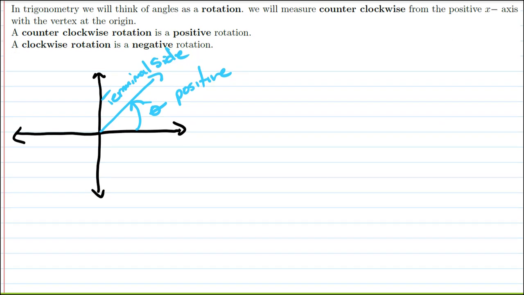Similarly, if we had an angle like this, so the angle alpha, this would be a negative rotation because from the positive x-axis we went clockwise. And once again, this would be the terminal side.